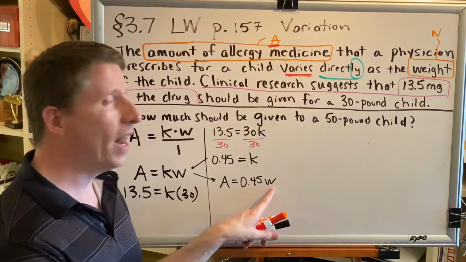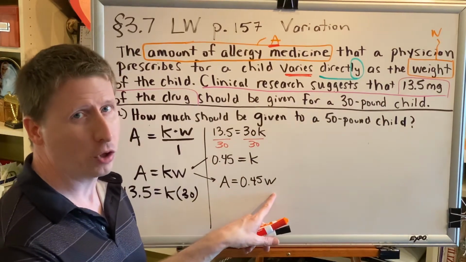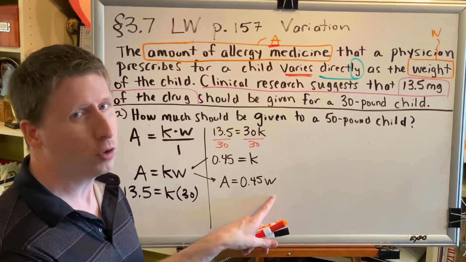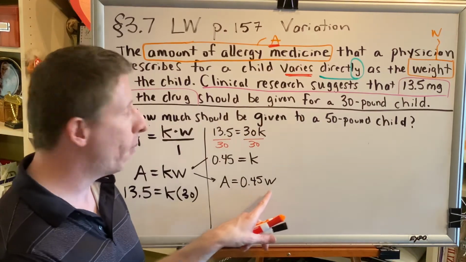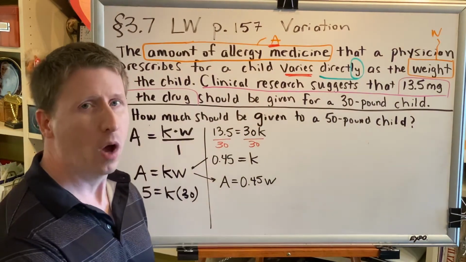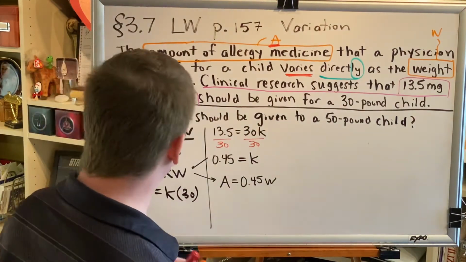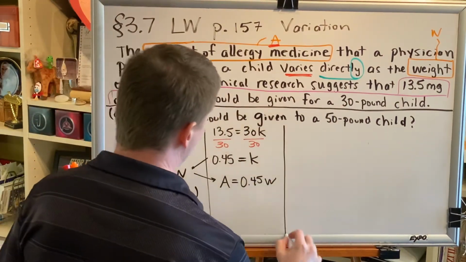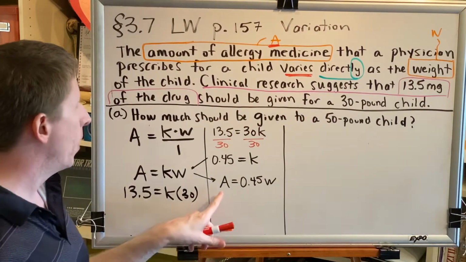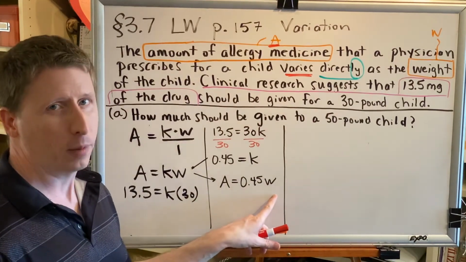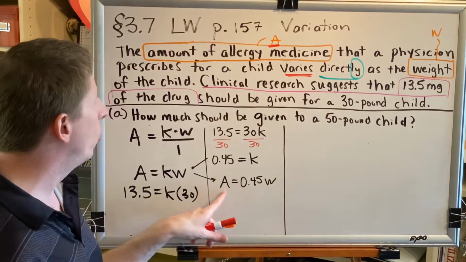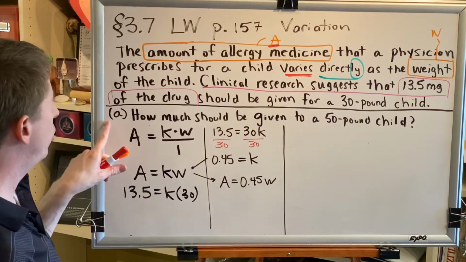Or, for any value of W in the future, for any weight of child in the future, we can replace W with a number and it will tell us how much allergy medication a child of that weight should receive. Said more succinctly, if someone tells us A, we can find W, and if someone tells us W, we can find A.